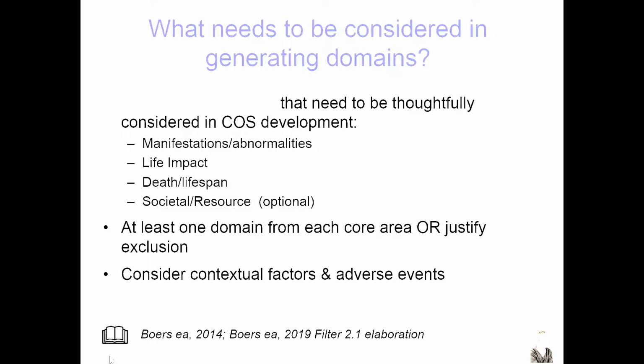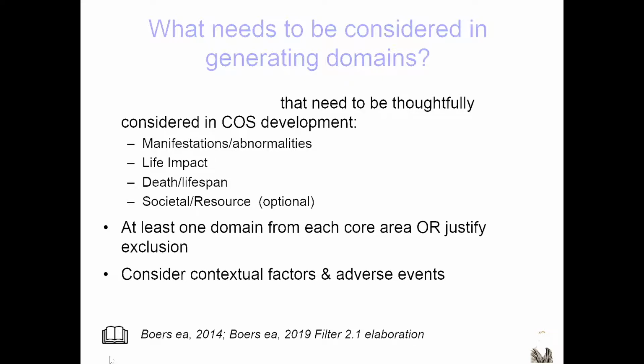The fourth category is societal or resource use. This is an economic domain, so we also want to look at the costs of a new intervention and think about the burden of that new intervention.